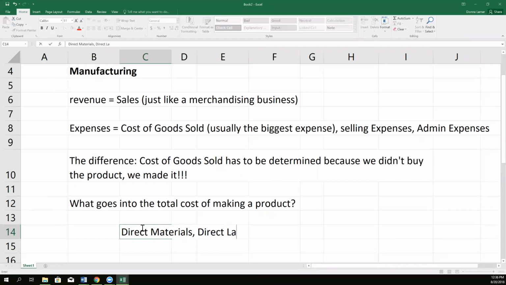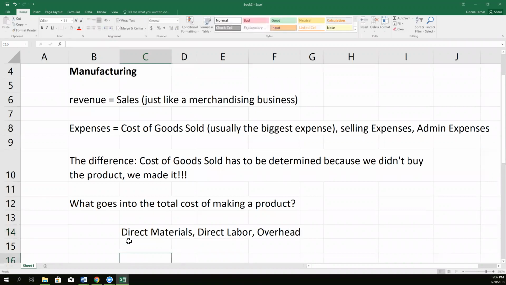And then you have direct labor. You have people who are putting those raw materials together, whether they're using machines, whether they're programming robots or overseeing a robot doing it. Somehow, the raw materials are being turned into a finished product with the assistance of human help. And then finally, you've got something called overhead. We'll talk about overhead in a minute.